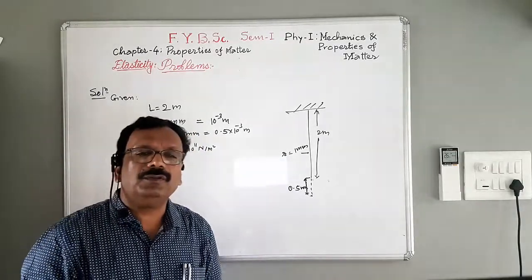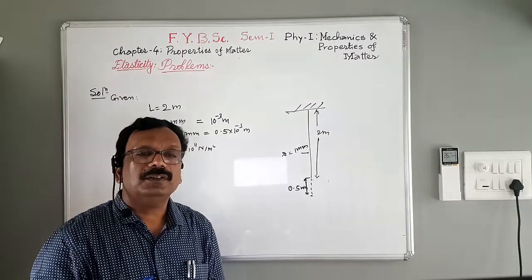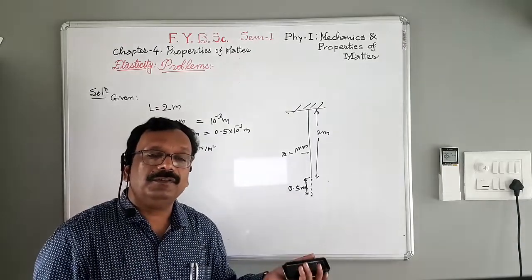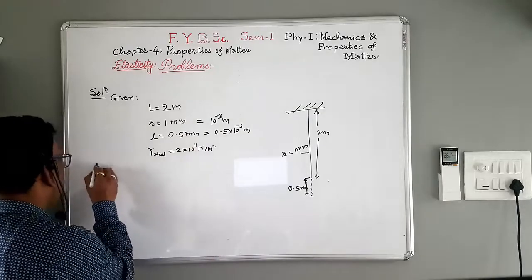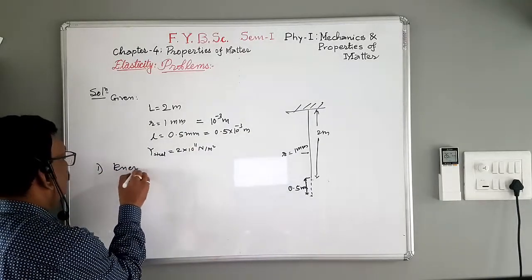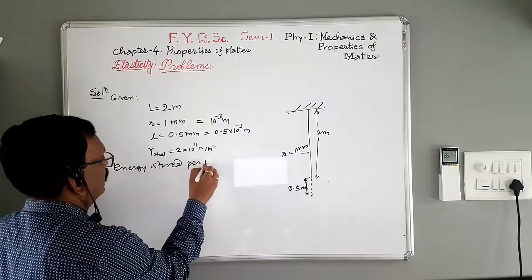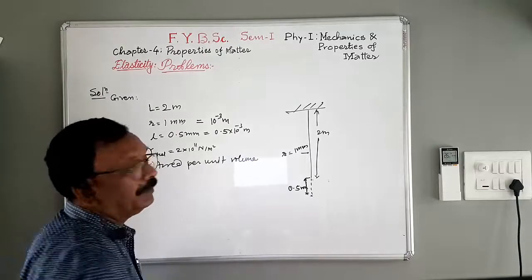Now, we are going to calculate first the energy stored in the wire per unit volume, and secondly we are going to obtain the work done in stretching the wire. Okay. So, first the energy stored per unit volume of the wire.